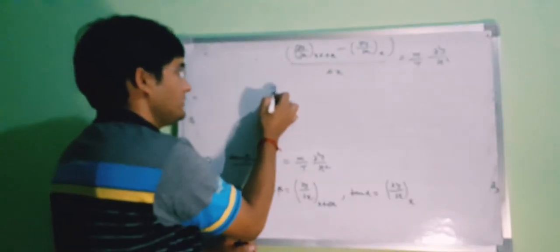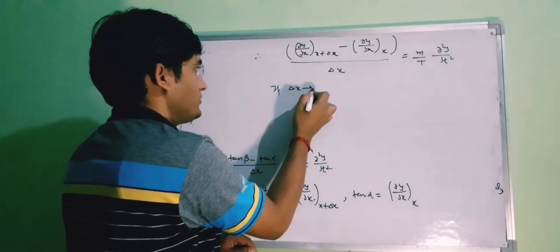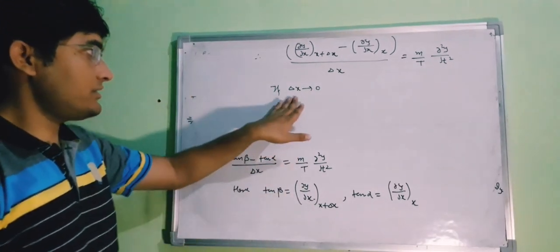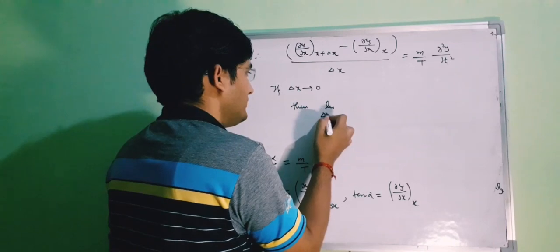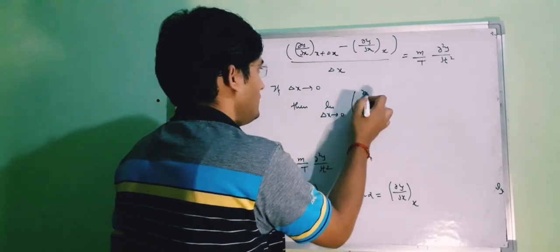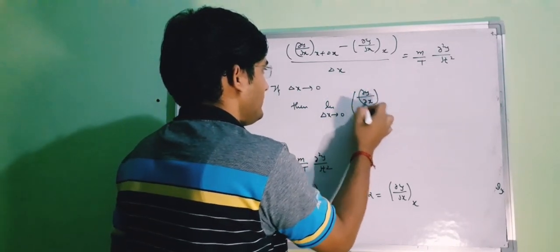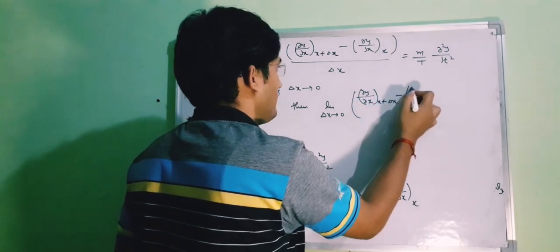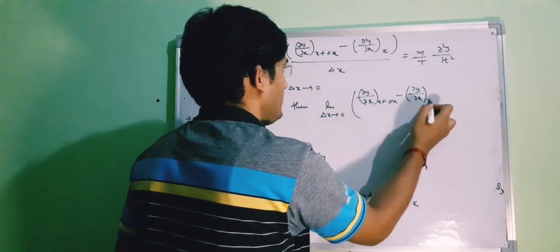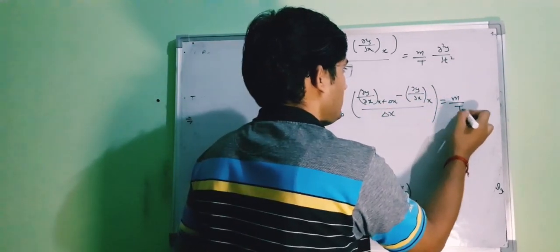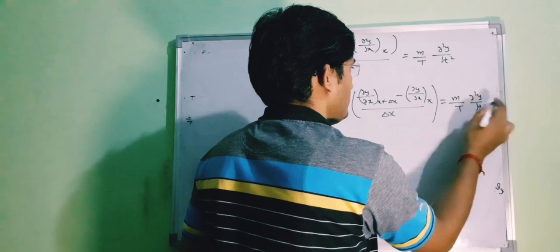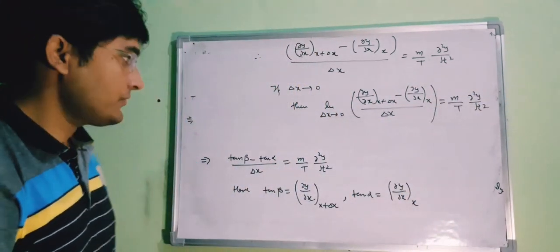Now if delta x tends to 0, that means when Q tends towards P, then the limit as delta x tends to 0 of del y upon del x at x plus delta x minus del y upon del x at x, divided by delta x, is equal to m upon T del 2 y upon del t2. This is free from delta x.